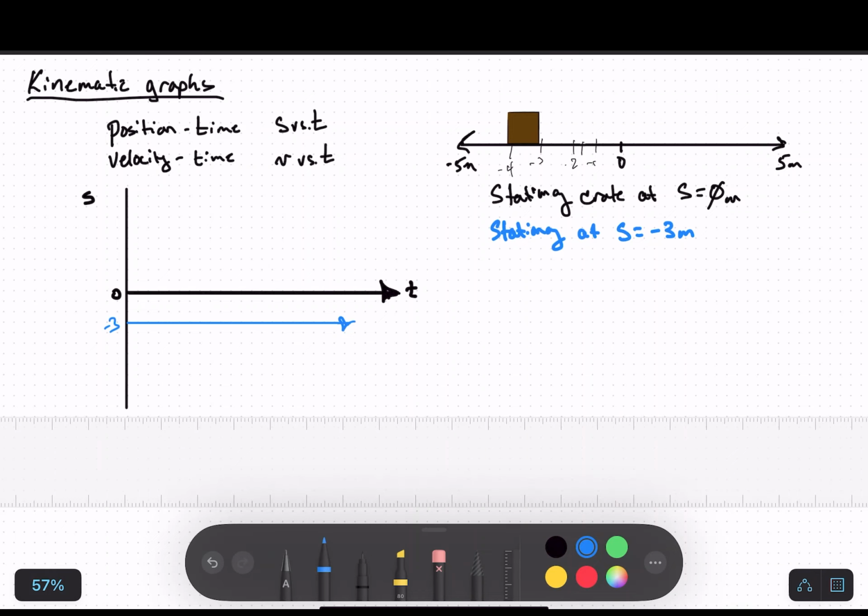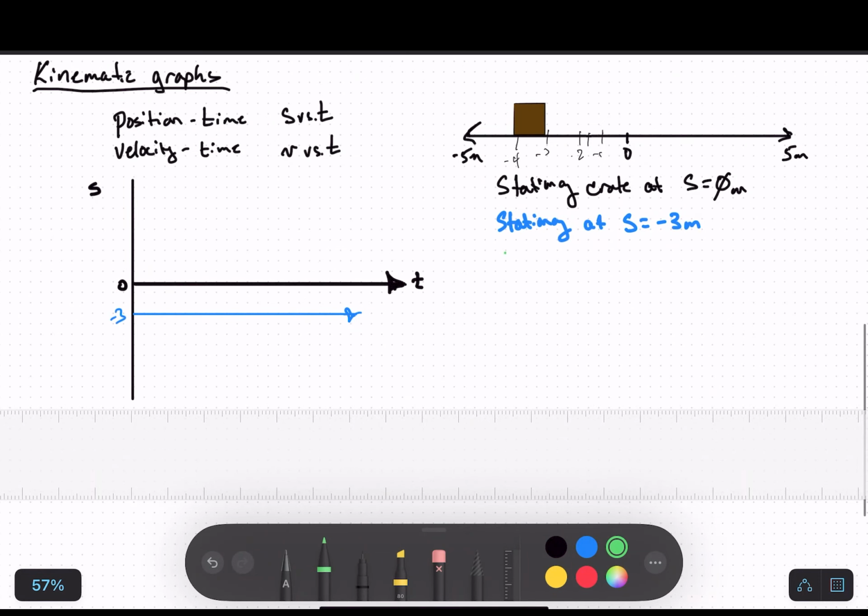But what if we do change up our situation? We're going to go green here. Okay, and that our velocity, now we do have a changing situation.